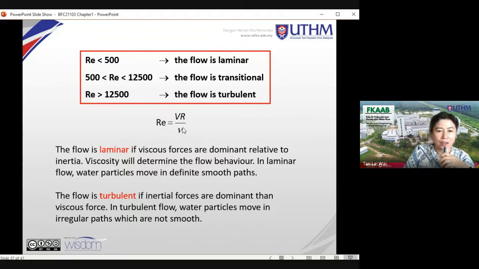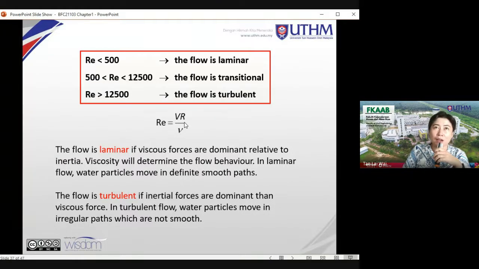If the kinematic viscosity is more dominant than the inertial force, then you know that your flow has less velocity, so it is laminar.